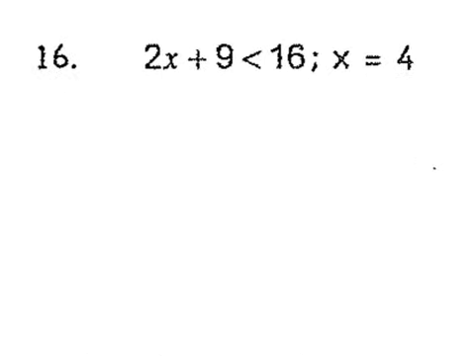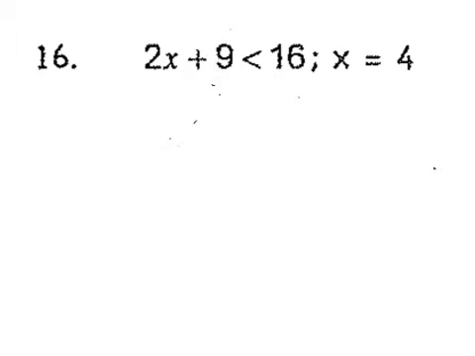In the next couple, you're just answering yes or no about whether the number is actually an answer to the inequality. But first, we have to solve it. So we're subtracting 9 from both sides. So you have 2x is less than... It's simpler than that.